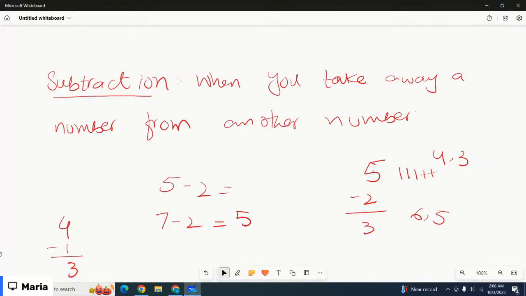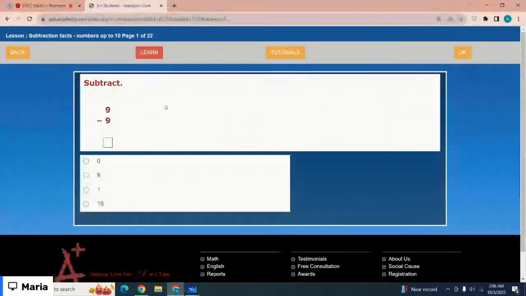Let's just do examples from A plus. Okay, the first one is 9 take away 9. So which is the correct option?